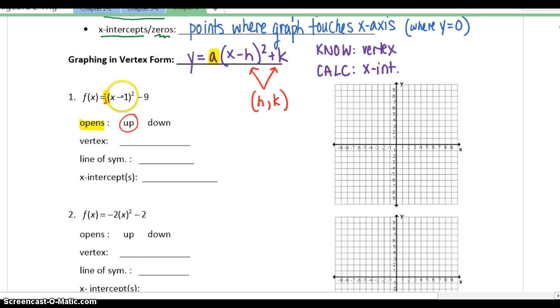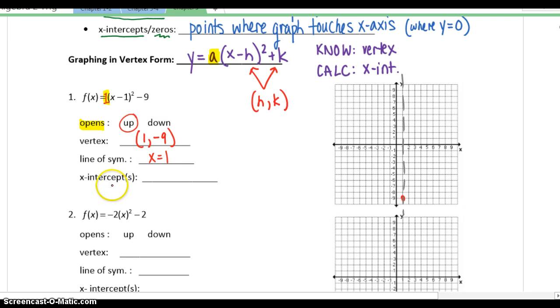So it's the opposite of the number inside and the same as the number outside. The opposite of -1 is 1, and the same as -9 is -9. I'm going to plot that vertex so that we can see that our line of symmetry is this line going straight through our vertex, and that line is x equals 1.